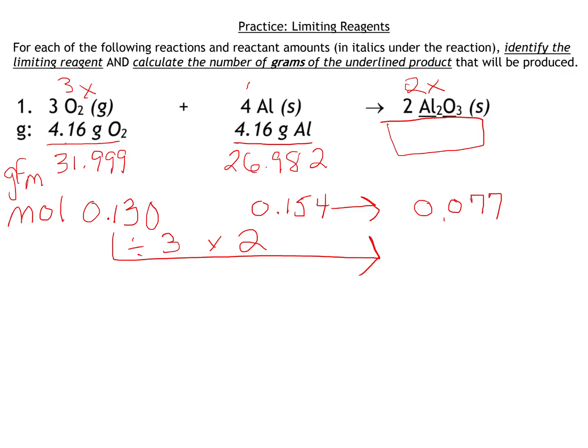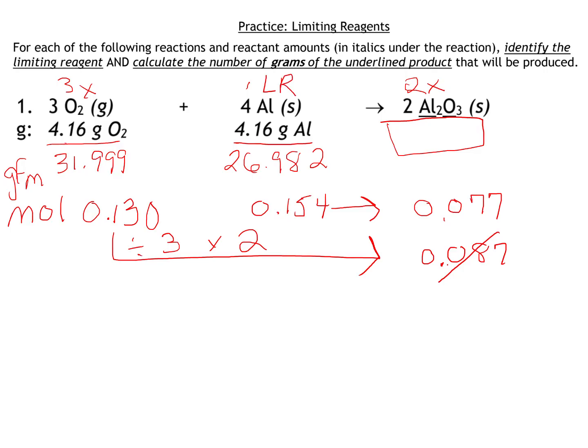And that works out to be 0.087. All right, we've done our conversions. We're going to cross out the bigger one. The limiting reagent is the one we didn't cross out, so we trace it backwards. So our limiting reagent is going to be the aluminum.